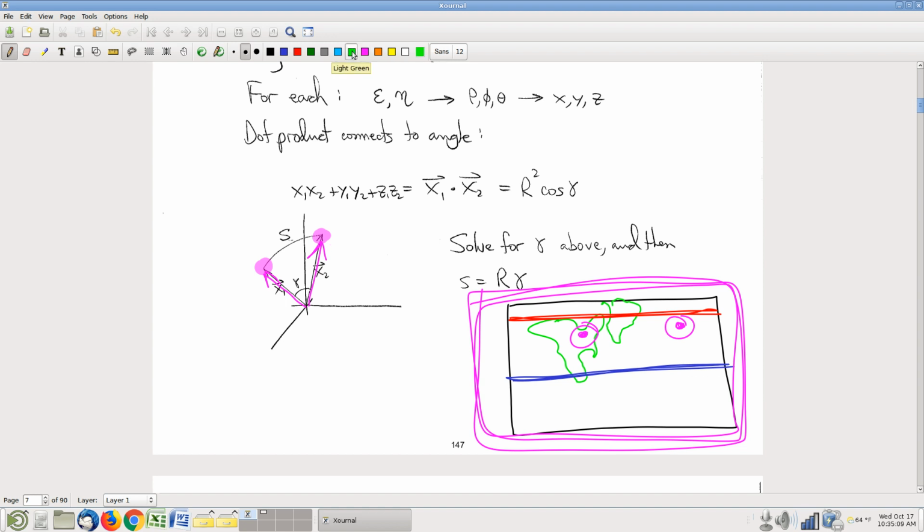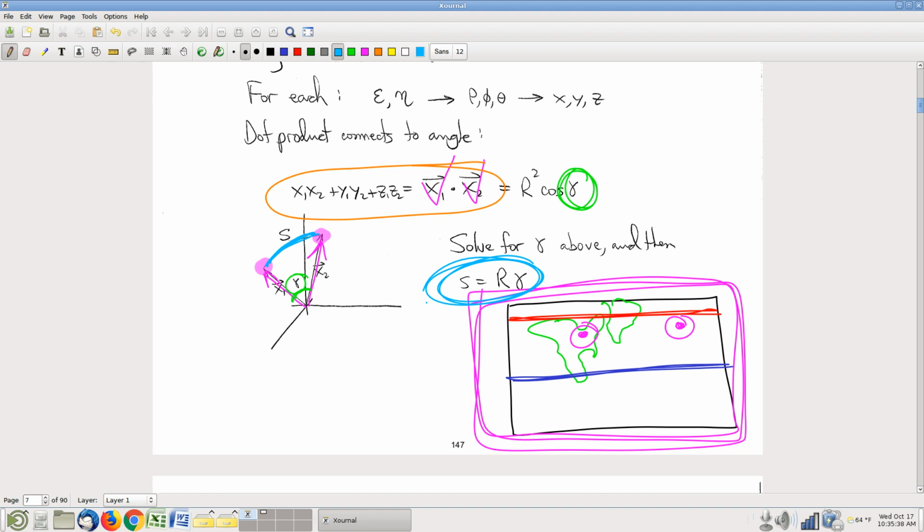Once I understand their position vectors, I can understand this angle by way of a dot product, the dot product being very easy to compute in rectangular coordinates. And once you know that angle, then you can compute the actual distance that we're interested in by an old high school geometry formula. The length of an arc is the radius times the angle.